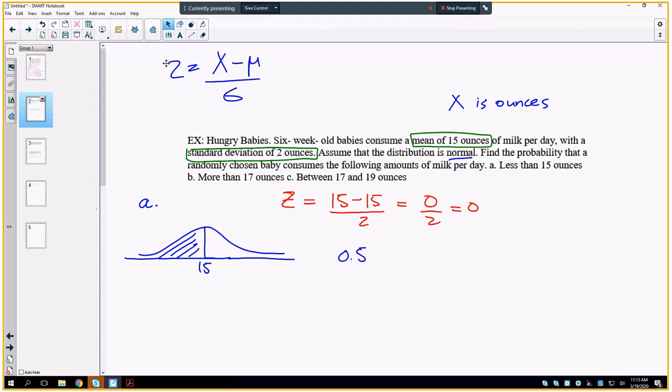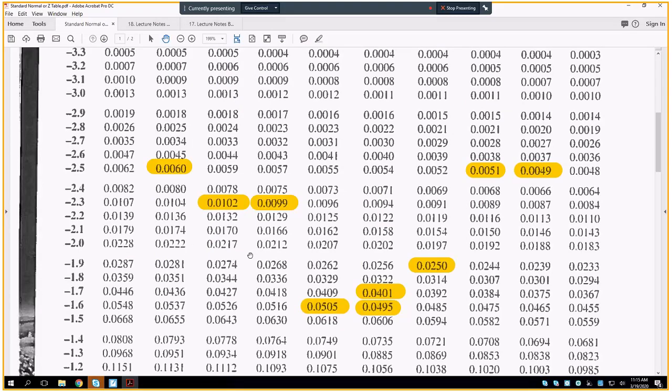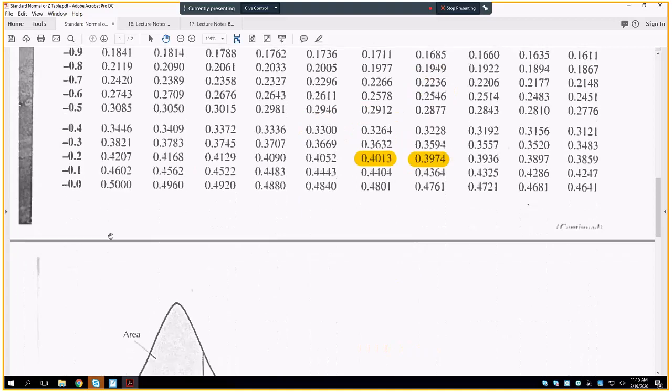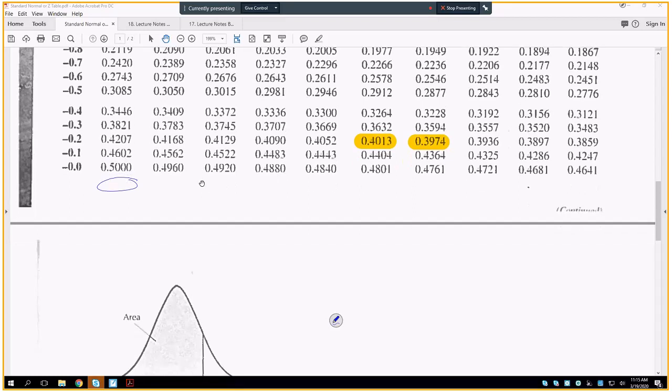But if we weren't sure, we can confirm that by looking at our table. We found the z-score of 0. That is on my table, here in the bottom left corner. Negative 0.00 is 50%.